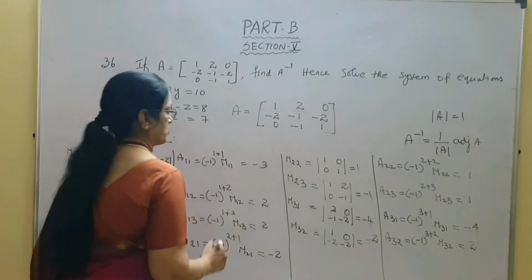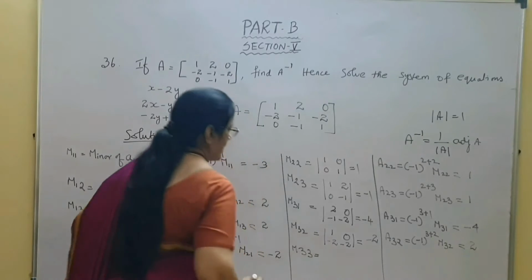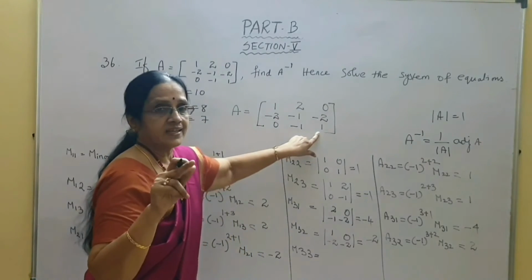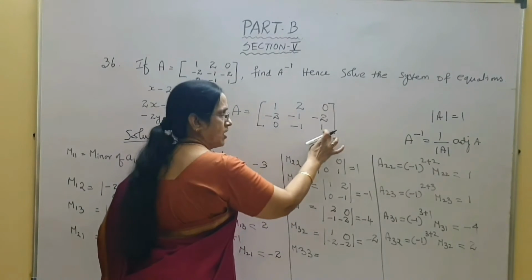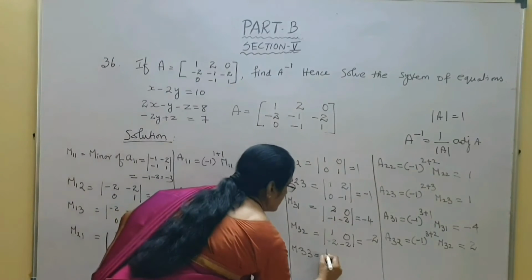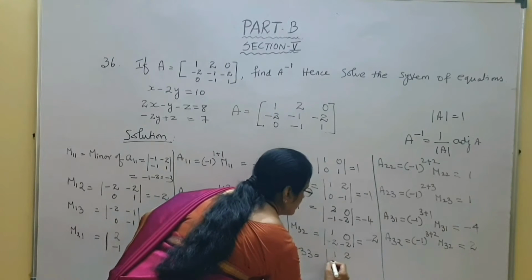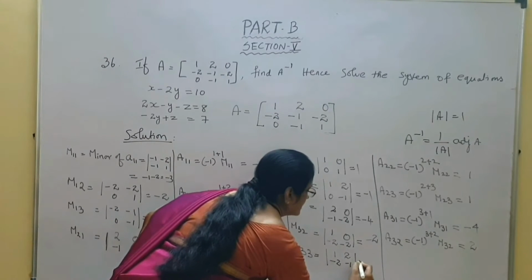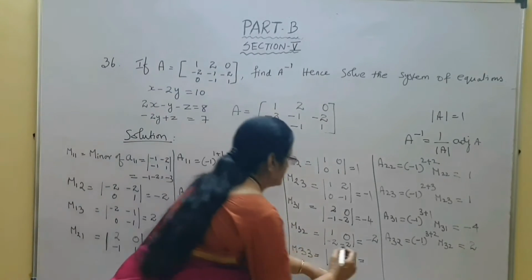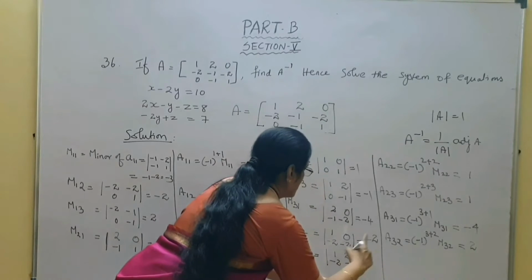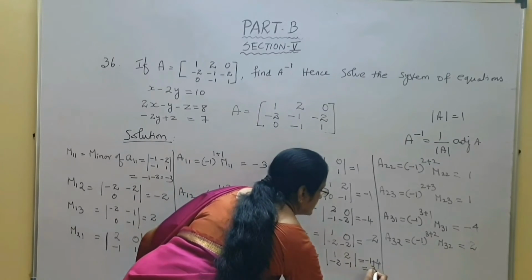Now the last element over here, which is 1, that is your M33. Minor of the element small a33, which is 1 over here. So leaving the third row and the third column, you are left with determinant 1, 2, minus 2, minus 1. When you expand this, you will be getting minus 1 plus 4, which is going to be 3.